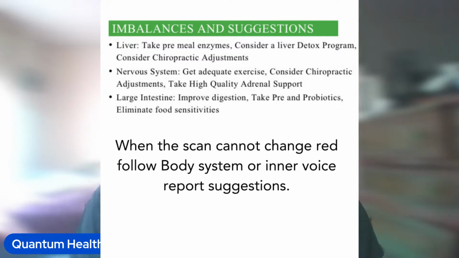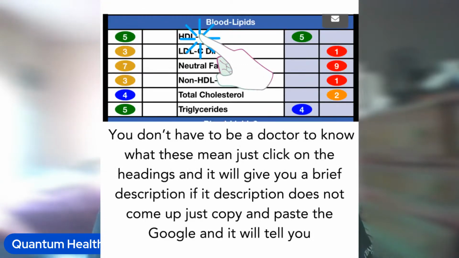Something that you would see on the inner voice: liver, nervous system, large intestines, making sure you're taking pre-meal enzymes, stuff like that. When the scan cannot change, it's going to tell you exactly what you have to do to fix it. So we might be feeling achy or whatever, or we want to get to 100%, but all we have to do is just ask the Holy Spirit inside of us what's happening, and He'll tell us. And when He can't fix it, we can do whatever.